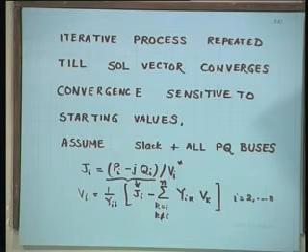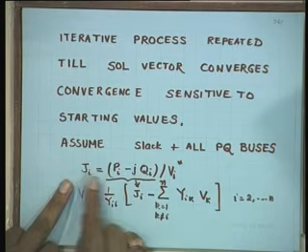It has to be close to 1, and that is why we always start our Gauss-Seidel or any method of load flow by 1 plus J0, called flat voltage start. Assume the voltages at the slack plus all PQ buses.